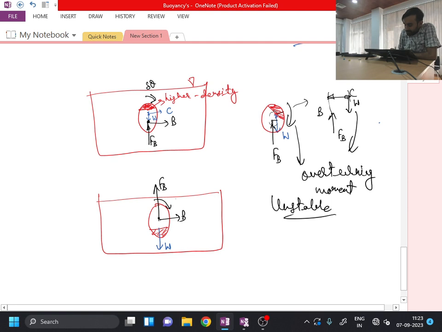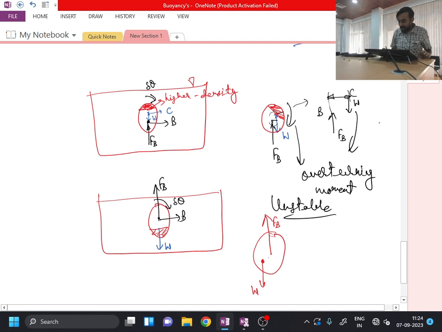Now if I rotate this through angle delta theta, I will find that my weight is slightly shifting to the right. The buoyancy force will remain at its original position, but the centroid will shift, and the weight will be acting somewhere over here. This is when I have displaced it through angle delta theta.